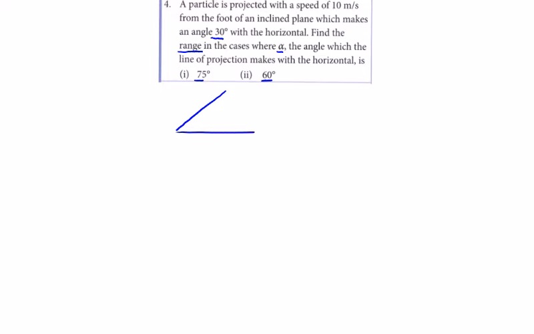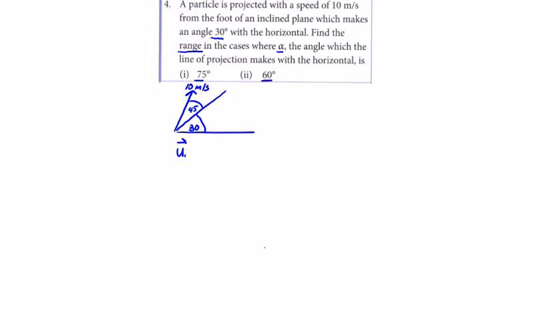My line of projection, we have 10 meters a second, projection speed, and we have 30 with the horizontal. So in the first case, 75 would make this 45, and obviously 30 and 30 in the next case.